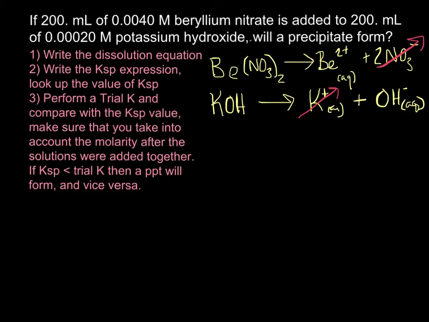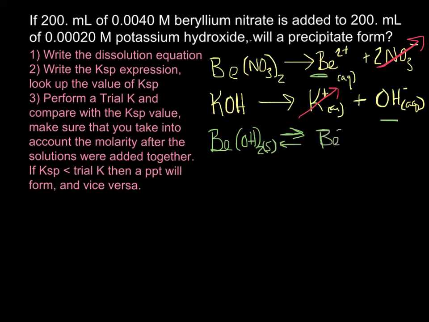So we know that since this is a question asking about whether precipitate will form, the precipitate is going to be composed of the beryllium and the hydroxide. So I'm going to write a third dissolution equation for that. So we have Be(OH)2 solid, and this one's going to have a two-headed arrow.